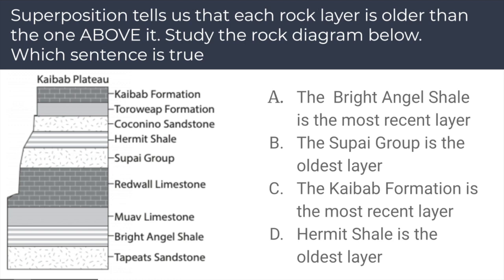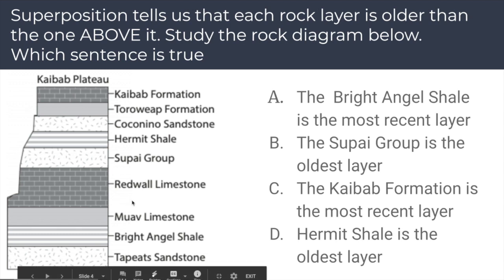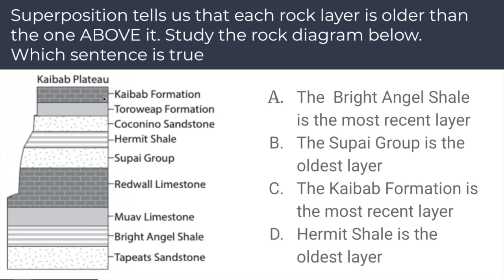Is it that the Bright Angel Shale is the most recent layer? Is it that the Supai Group is the oldest layer? Is it that the Kaibab Formation is the most recent layer? Or is it that the Hermit Shale is the oldest layer?